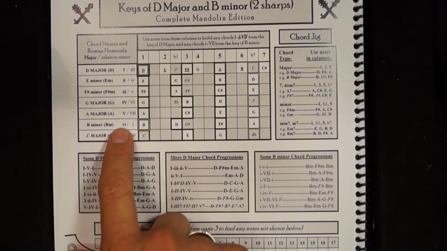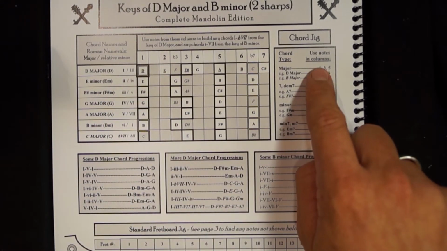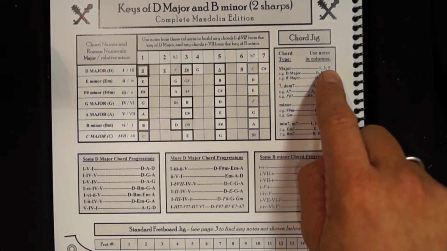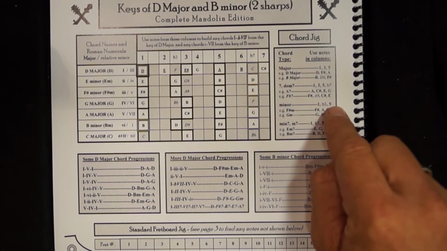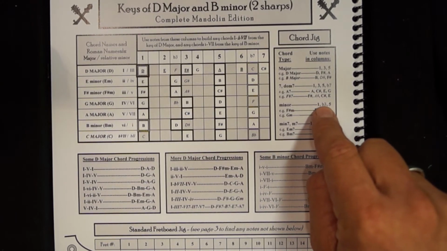The 2, 3, and 6 chords are going to be the minor chords, and the major chords are built with 1, 3, and 5 notes. Minor chords still use the 1 and 5 notes, just like majors do, but it changes the 3 note to what's called a flat 3 note.